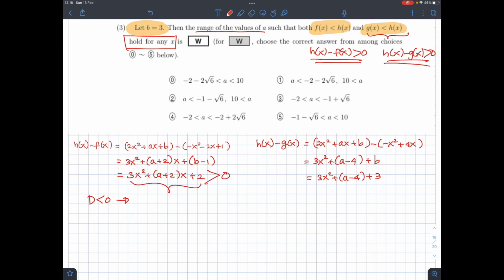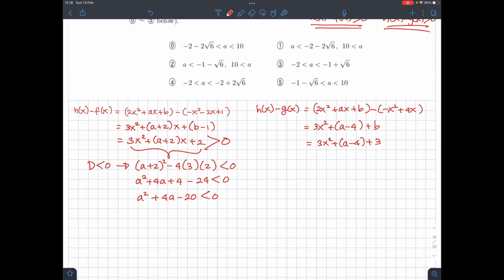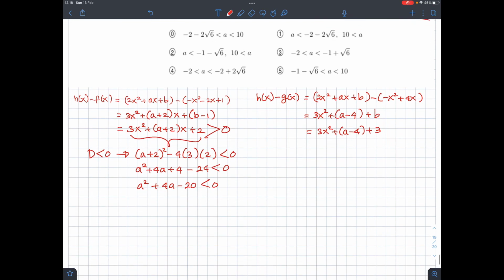So the discriminant b squared minus 4ac should be negative, so a squared plus 4a plus 4 minus 24 is less than 0, which gives a squared plus 4a minus 20. If you are not able to factorize, I think you need to use the quadratic formula.